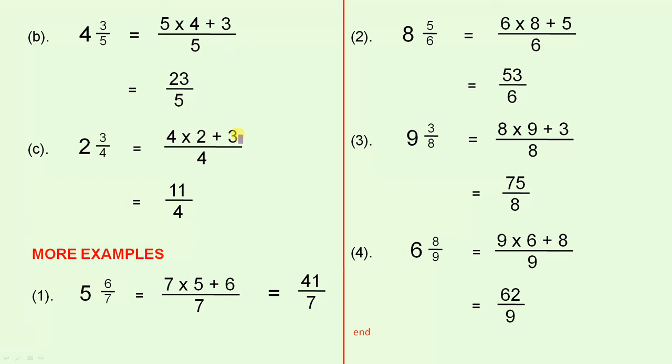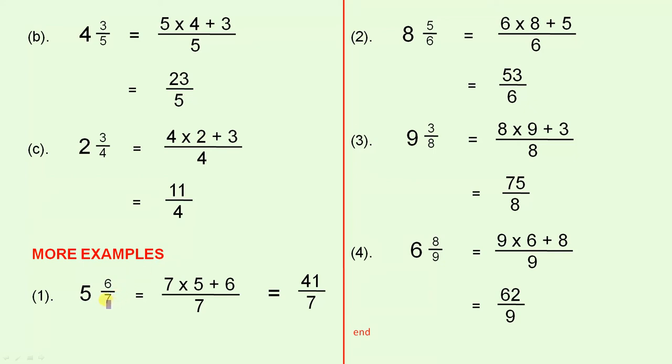So that top part gives you 11, and you always place that section over the original denominator. So it's 11 over 4. And notice in each of those cases, the numerator is larger than the denominator, and that's what an improper fraction is. Let's do 4 more quick examples.